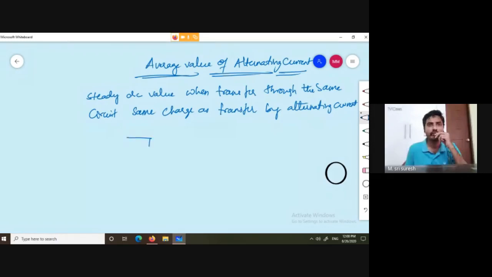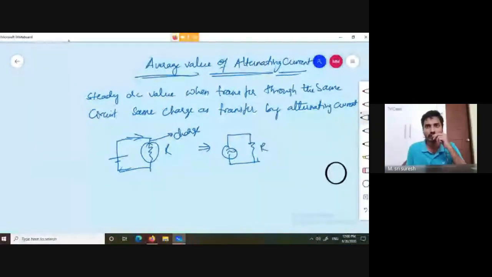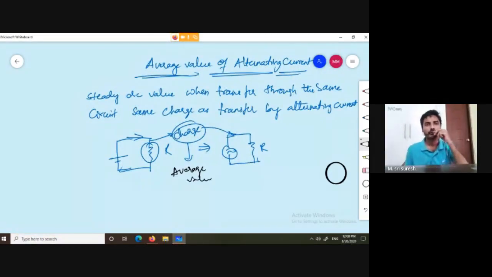Suppose you connect a resistor to a DC supply, how much charge is transferred? When the same resistor is connected to an AC source and the same charge is transferred by the alternating current, then that value is called the average value. So this is the definition of average value.